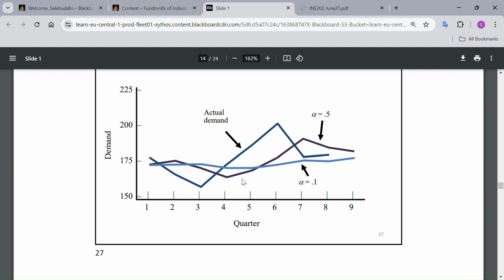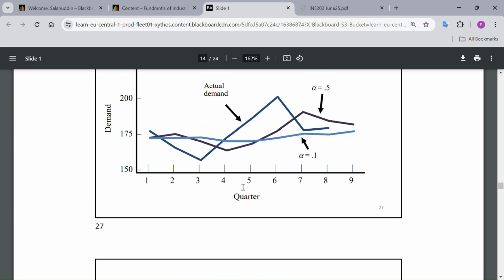It doesn't really compare to the actual demand. So if you have data that are stable, you prefer lower values of alpha. But alpha 0.5 is a better predictor of the actual value. See the error, the distance between the actual demand and the predicted demand. The difference between them is very minimal. And this is very important.